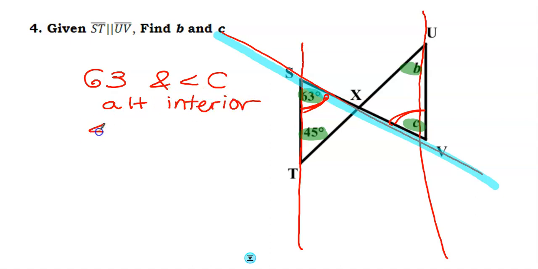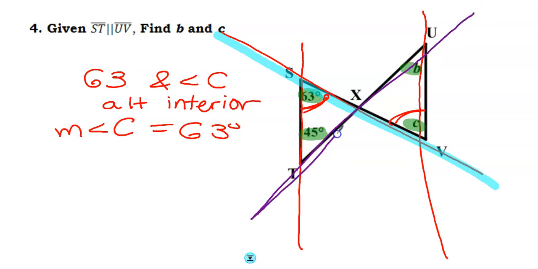So what does that mean? The measure of angle C is 63 degrees also. The same thing happens with 45 and B. With this transversal right here, they're on opposite sides of the transversal and they're on the interior of these parallel lines.